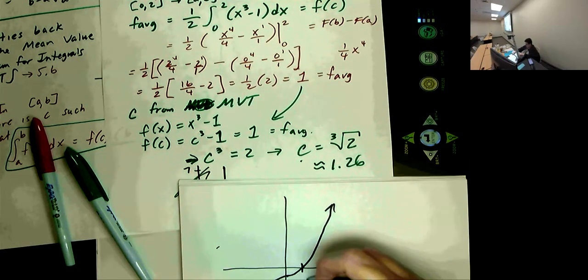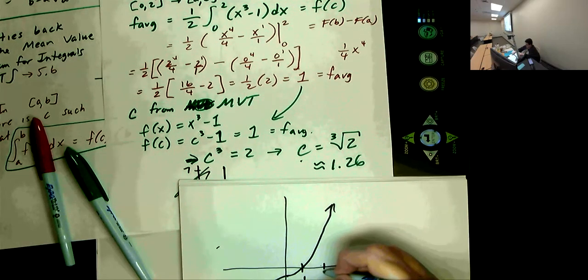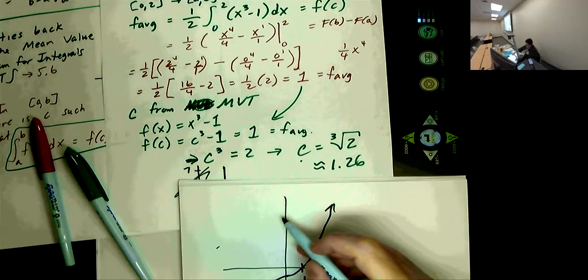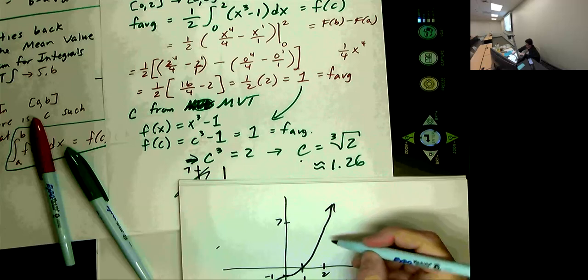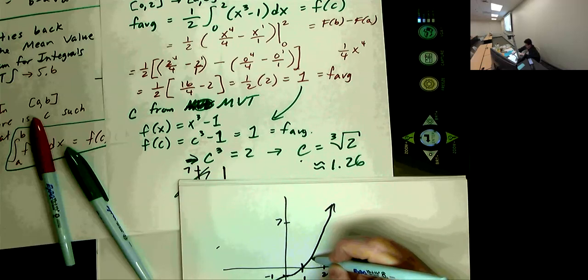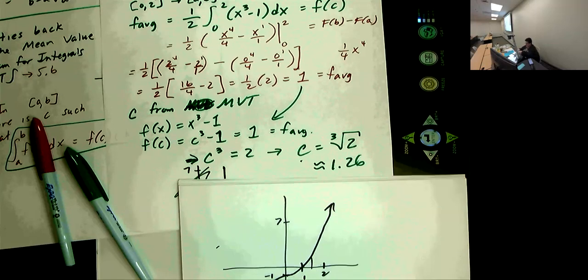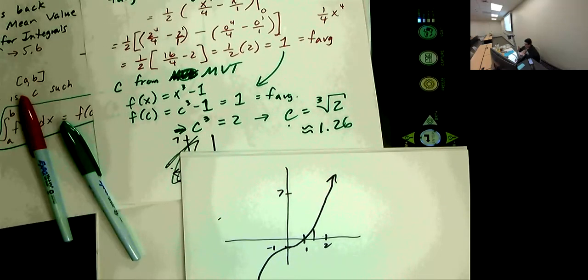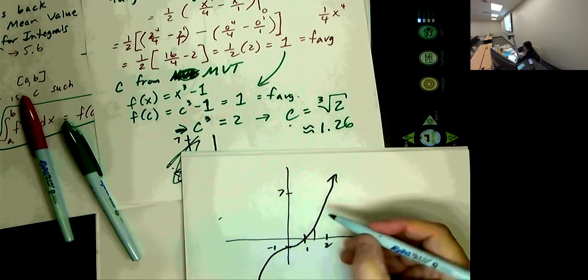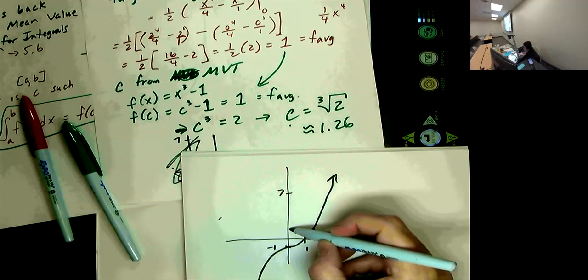It should cross at 1. There's 2. 2 should go up to 7 here. That's -1. That doesn't feel like that should be the average value. Huh. Maybe it is.